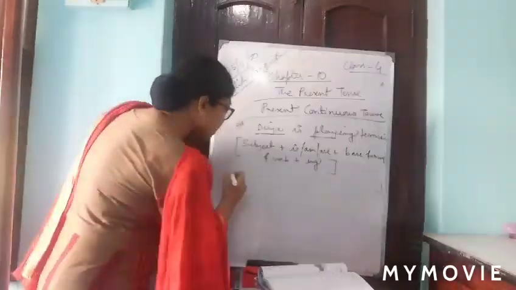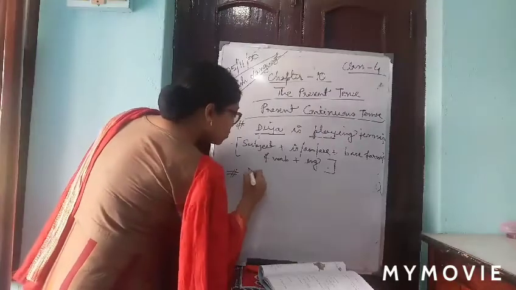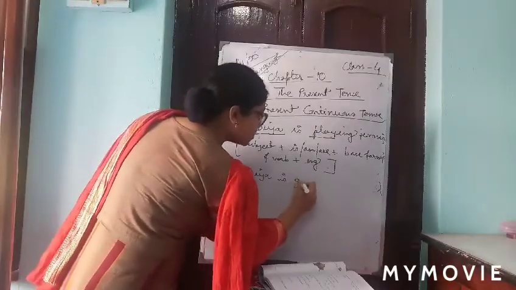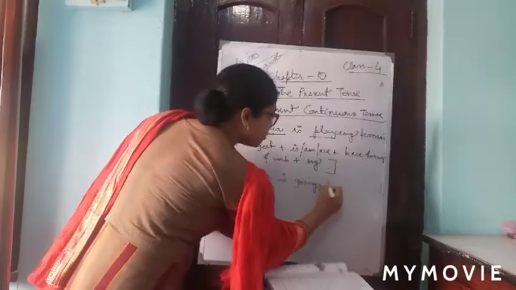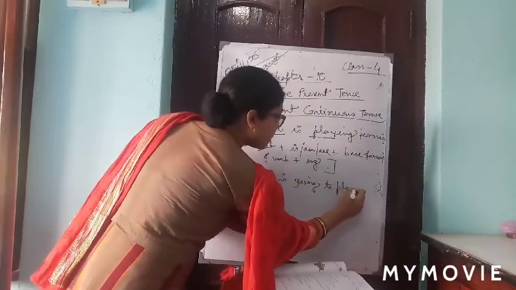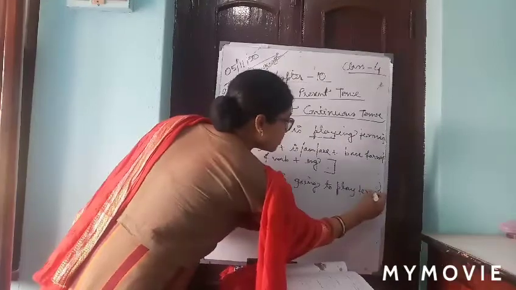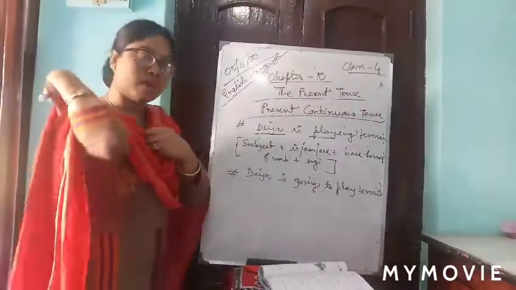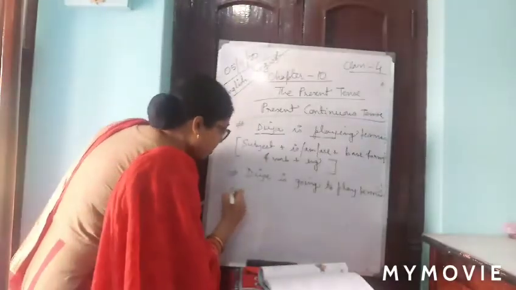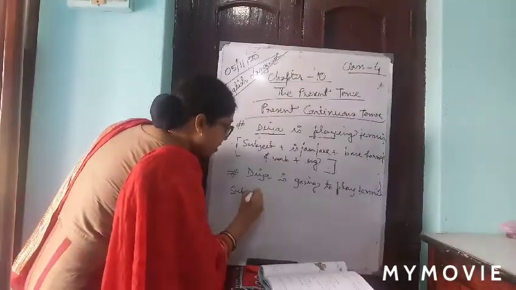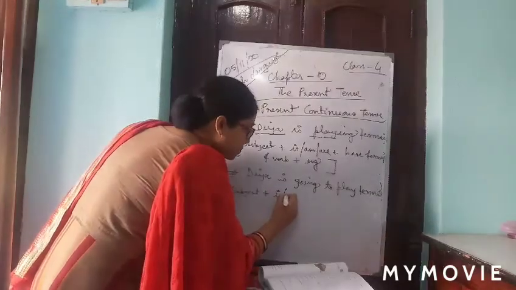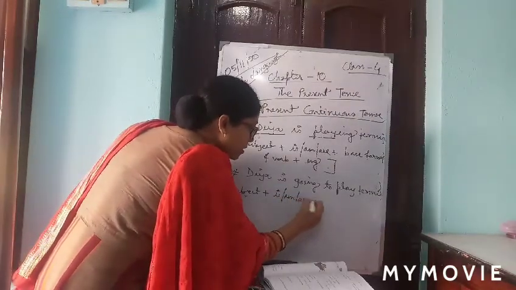But in the next sentence, as I have said, Dia is going to play tennis. Then you see the form is a little bit different. What is that? First the subject, after that you see is, am, are, the same way, is, am, or are.